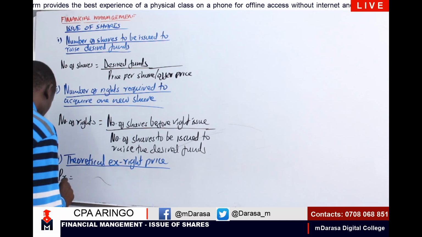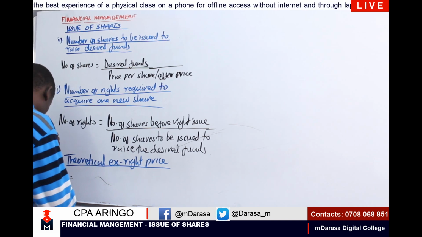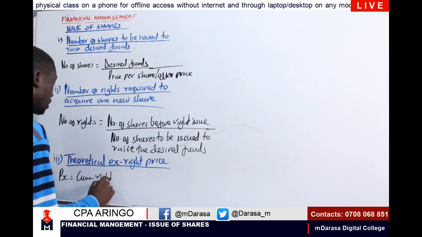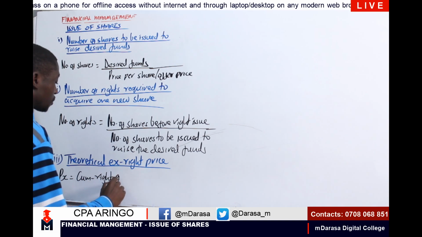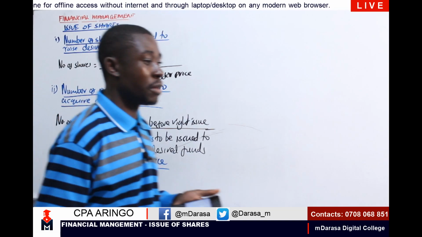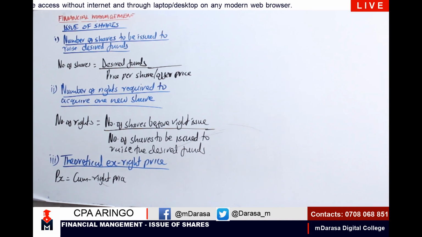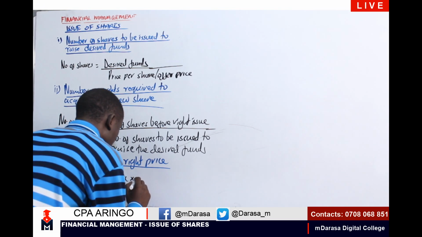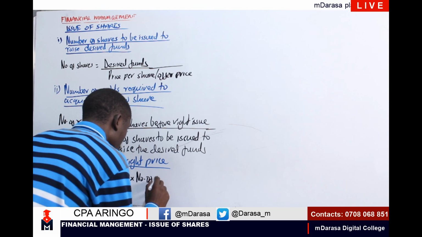I'll just be taking our cum right price, that is simply the price of shares before rights issue. Then, of course, we multiply by the number of shares before rights issue, that is existing shares.